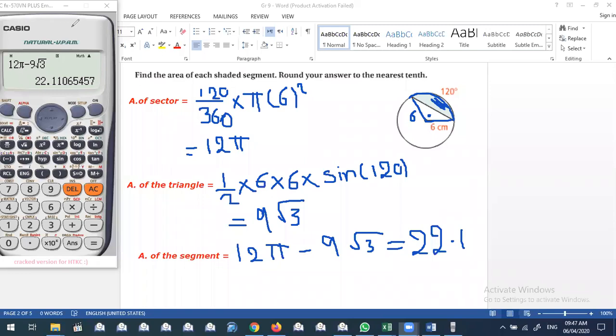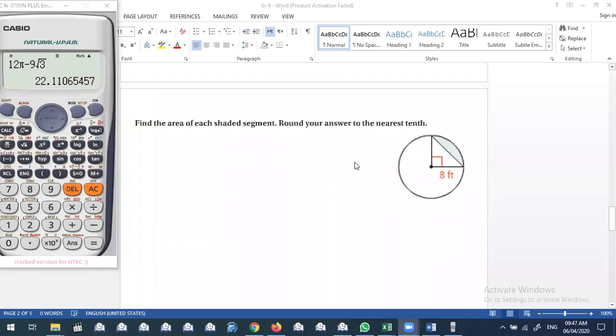Another exercise. Find the area of the shaded segment. I need to find this shaded segment. So step number 1, we need to find the area of the sector first. Area of the sector equals the measure of the arc of this sector. This arc, its measure is 90 because this angle is 90.